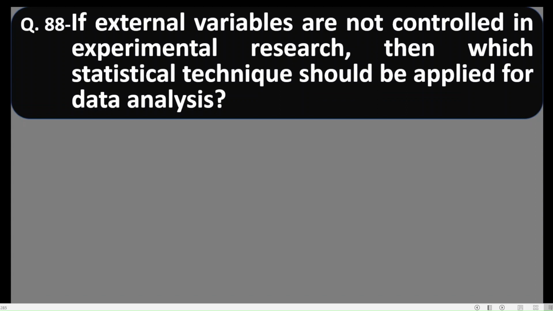Question number 88. If external variables are not controlled in experimental research, then which statistical technique should be applied for data analysis? If external variables or extraneous variables are not controlled and the experiment is conducted, then which type of statistical technique should be used so that reliable findings can be derived?